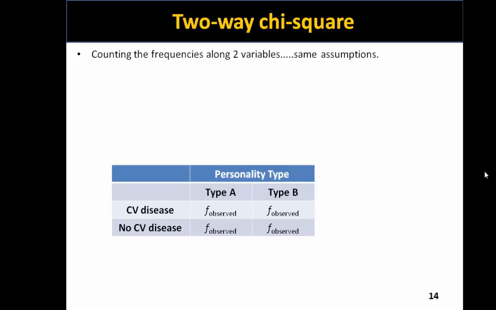We're taking the same approach in that we're simply counting the frequencies, which is the number of occurrences that fit within the two independent categories. And we continue to make the same assumptions when applying this non-parametric test. The two-way chi-square is often referred to as the test of independence, and we'll see that shortly.